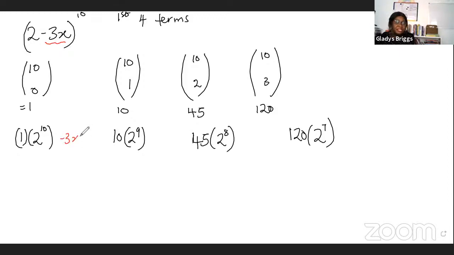Negative 3x to the power of 0, yeah? And this one would be times negative 3x to the power of 1. And this one will be times negative 3x to the power of 2. And this would be times negative 3x to the power of 3. Yeah? Okay.